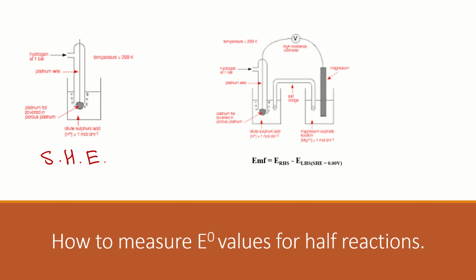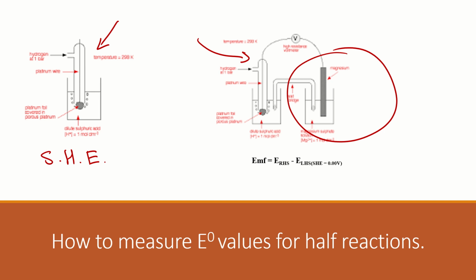So the standard hydrogen electrode is shown in isolation on the left hand side, and then in combination with another half cell on the right hand side. Let's have a look at how the standard hydrogen electrode is first of all constructed.